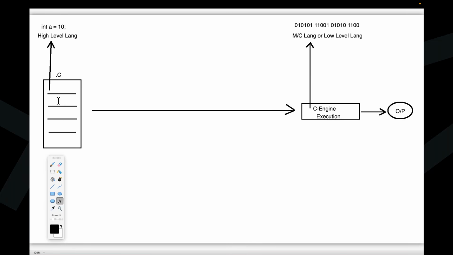If I provide a C program that is in high level language to the C engine, is it possible for the C engine to execute this high level language directly? Now you tell me. I'm asking this question. Is it possible for the C engine to understand and execute a high level program directly?